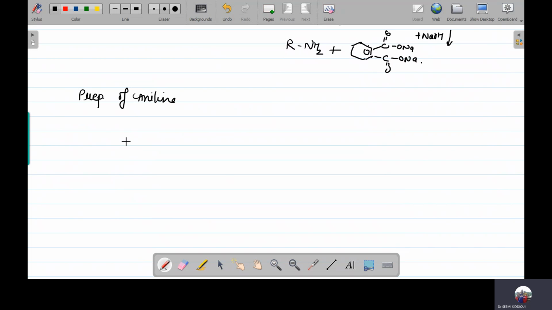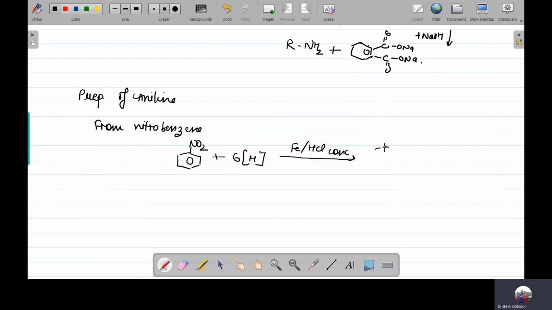When we want to prepare aniline, the first method is that we can prepare it from nitrobenzene. You take the nitro group and do reduction, and we get NH2, plus 2H2O.